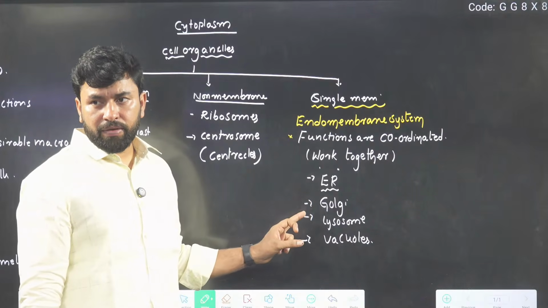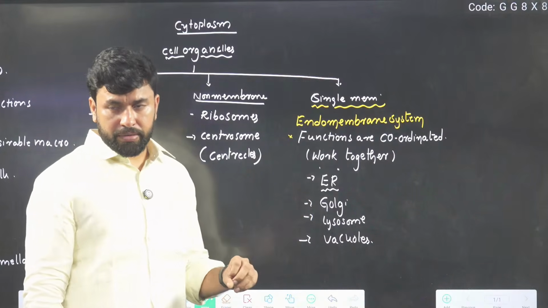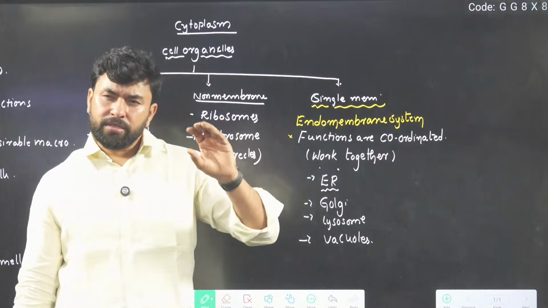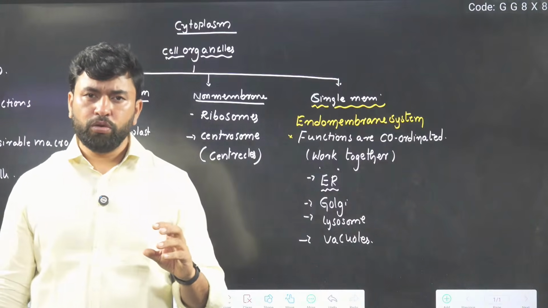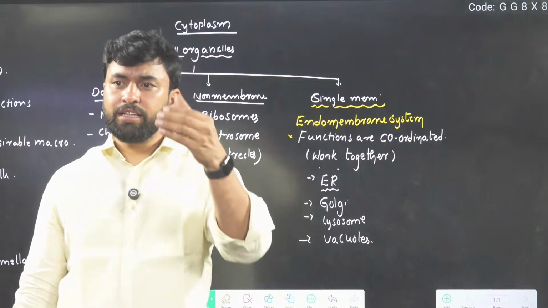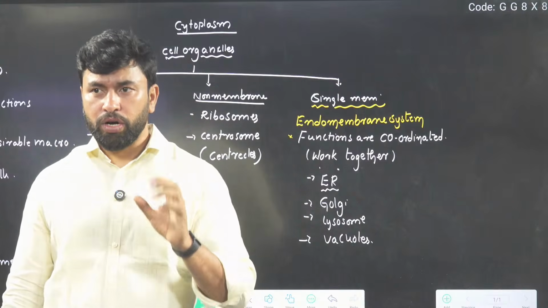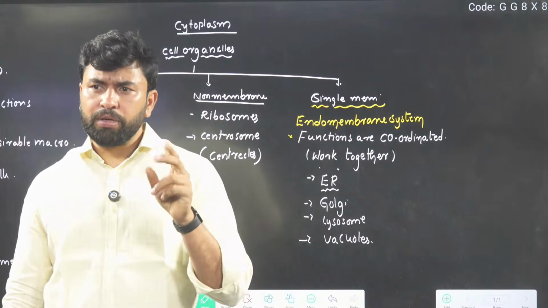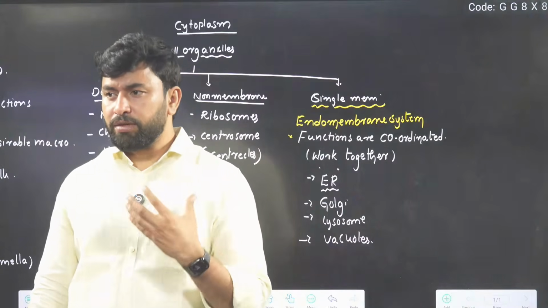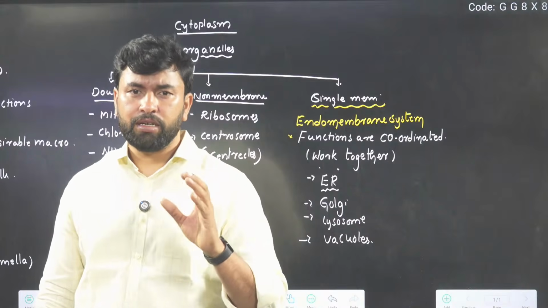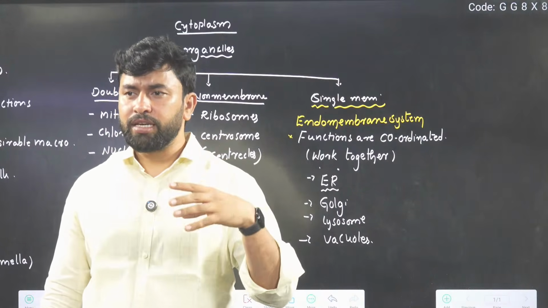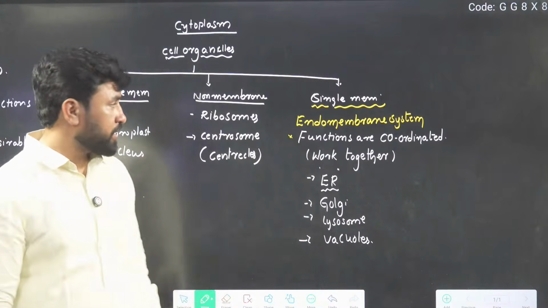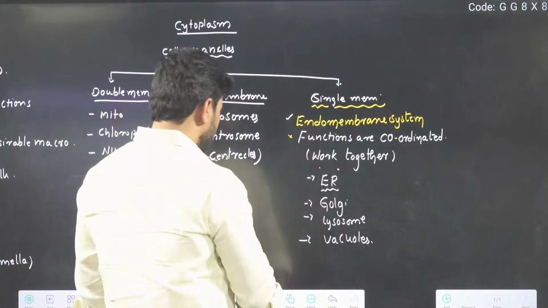The Golgi complex will develop lysosomes and vacuoles. If a work is completed by the endoplasmic reticulum, later that work will be allotted to the Golgi complex. Then the Golgi complex will decide where the work can be assigned further. This kind of thing is called the endomembrane system.